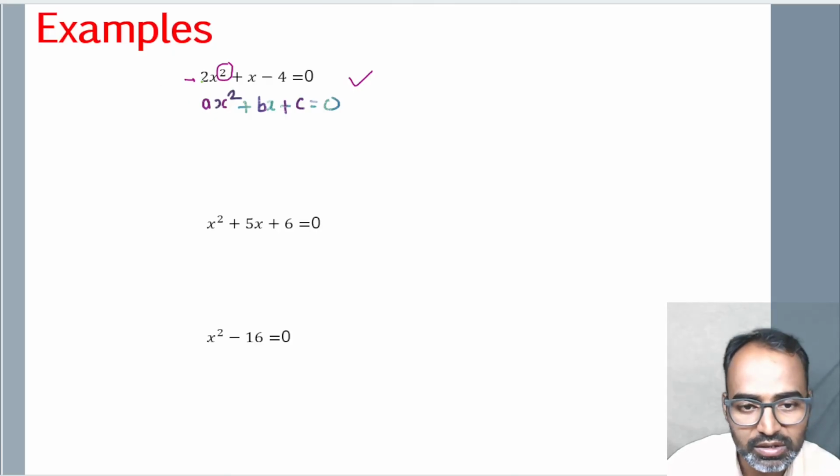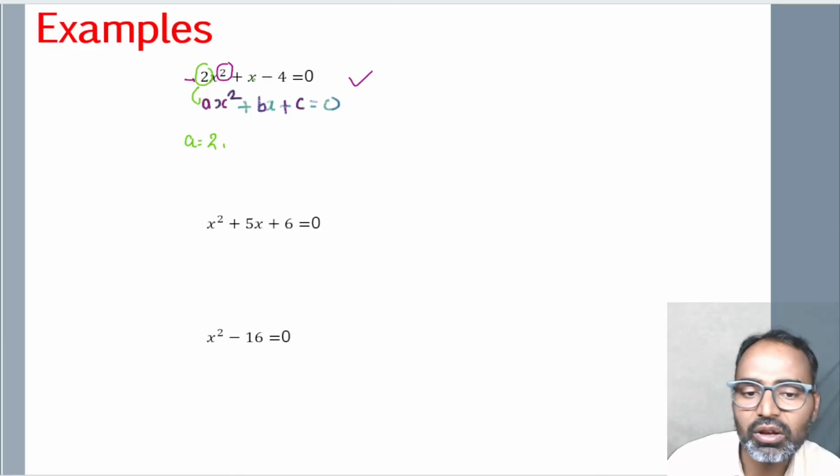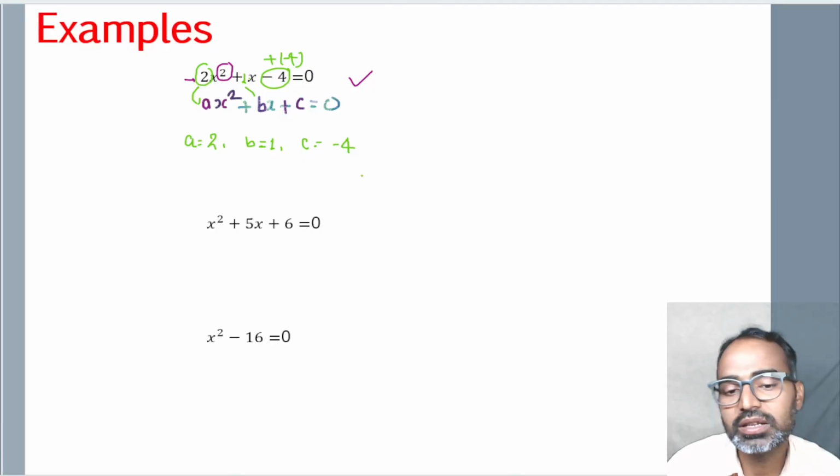We can see here the value of a is 2, and by comparing these two, if any variable or number is multiplied by 1, it gives the value itself. So the value of b will be 1, and here the value of c will be -4, because standard form is plus c, so we can write plus in bracket -4.